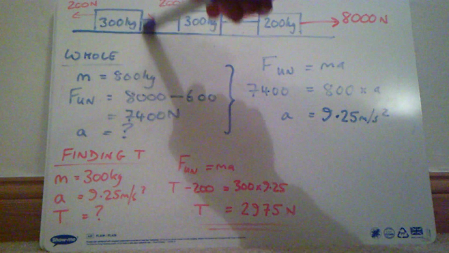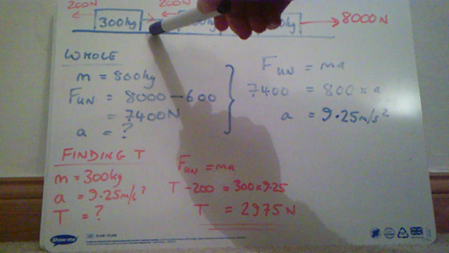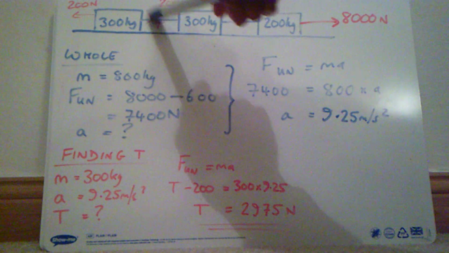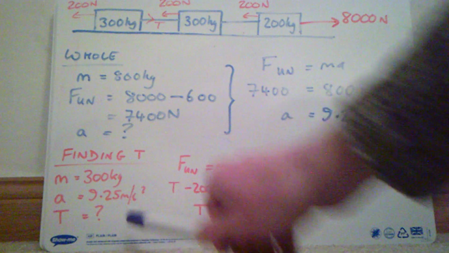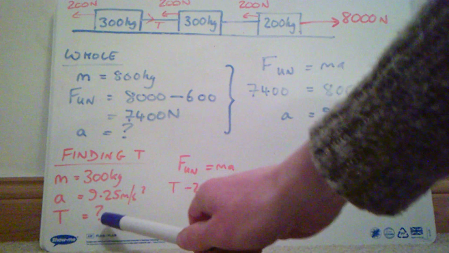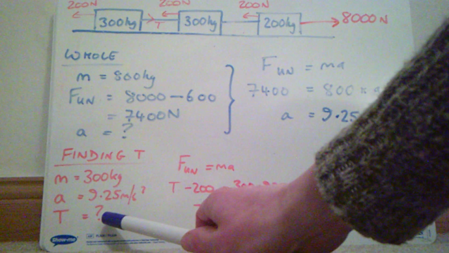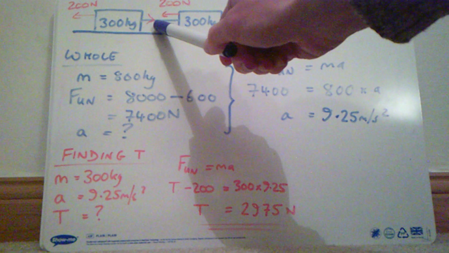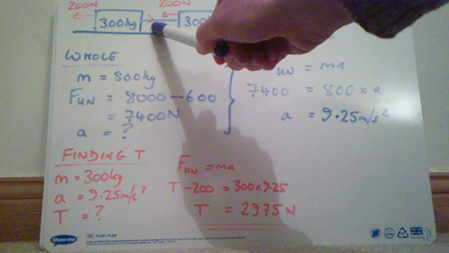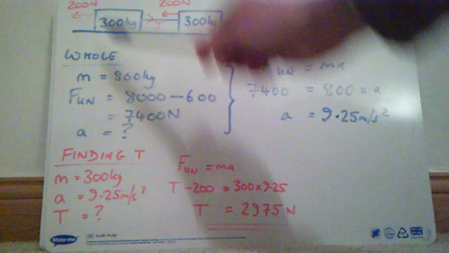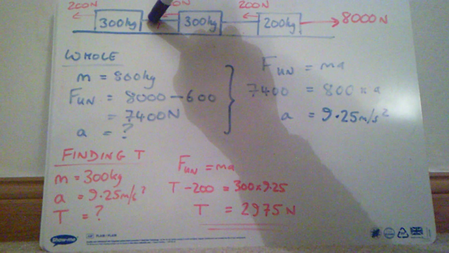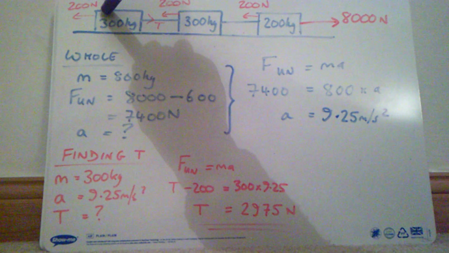So the bit which we're interested in is this bit, and the mass is 300, the acceleration is 9.25, and tension is what we're trying to find. The tension in a link depends on the mass that link is towing. So the mass which this link is towing is very clearly just 300.